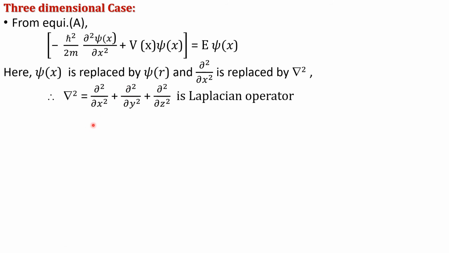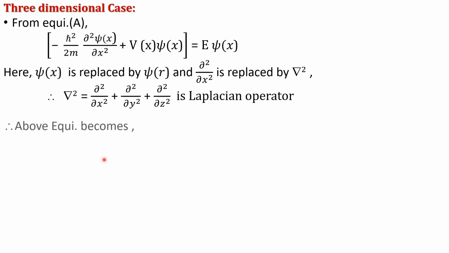Equation rewritten after putting the value of the Laplacian operator. Del square is equal to del square by del x square plus del square by del y square plus del square by del z square. That term is del square and it is the Laplacian operator.